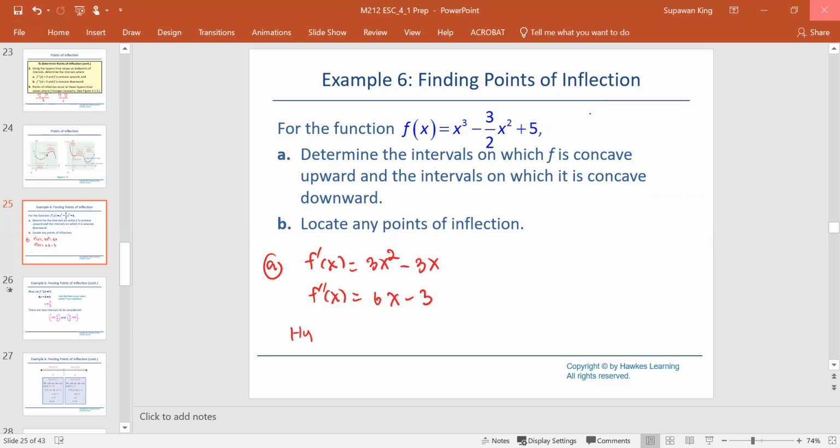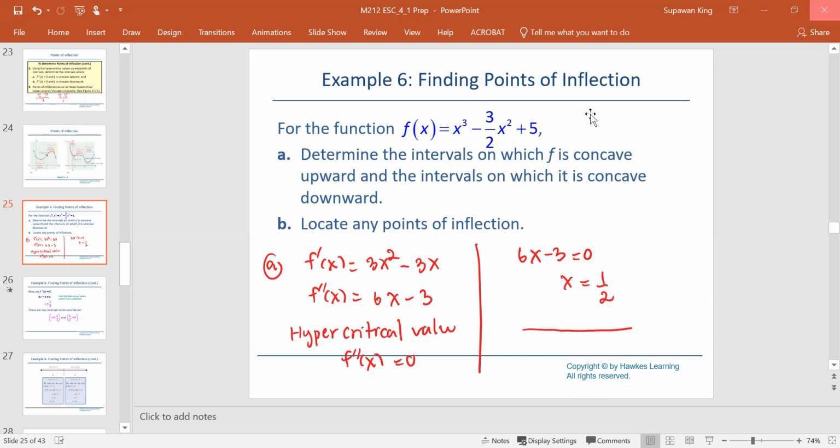Find the hypercritical value where f double prime equals 0, or where 6x minus 3 equals 0, and solve for x, we get x equals 1 over 2. Now we have the hypercritical value 1 over 2.